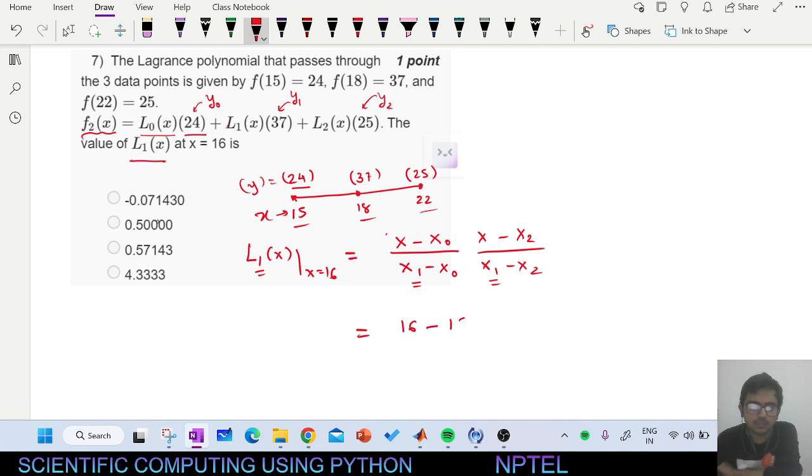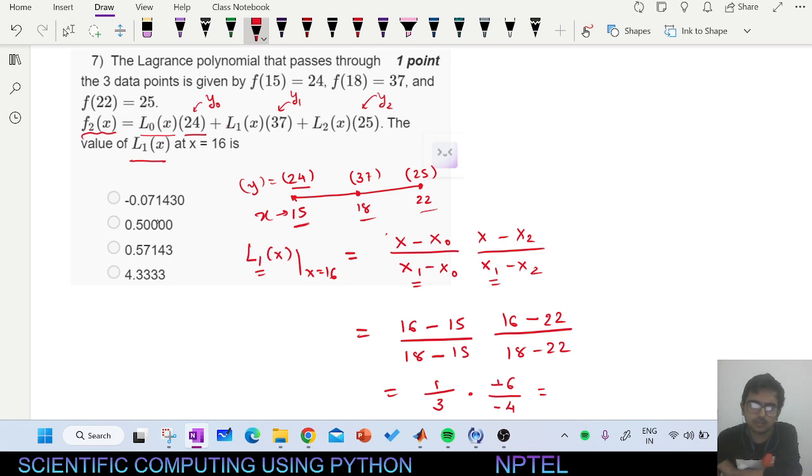Okay, so now x is 16. What is x0? 15. x1, 18 minus x0, 15. And then again x is 16 minus x2, which is 22, and x1 minus x2, which is 18 minus 22. So this is 1 over 3, and this is minus 6 over minus 4.